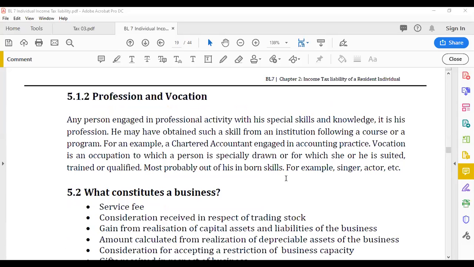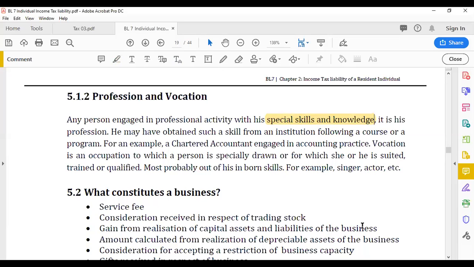Now we discuss profession and vocation. Any person engaged in professional activity with his special skills and knowledge, right? The important thing here: special skills and knowledge. It is his profession.